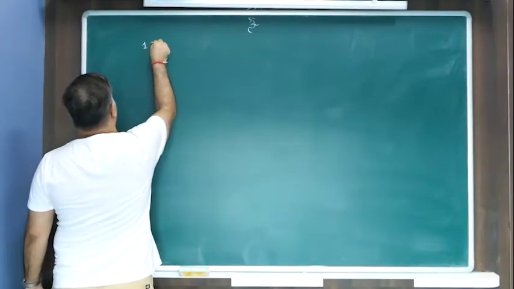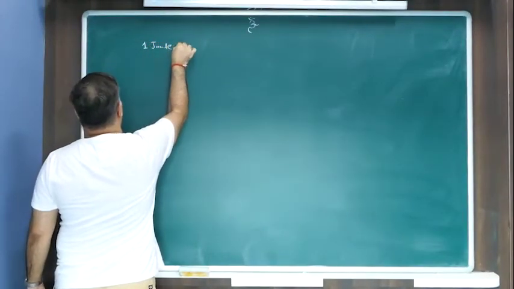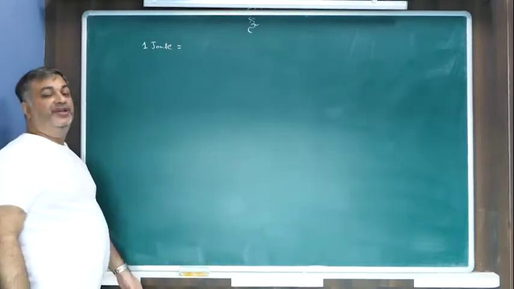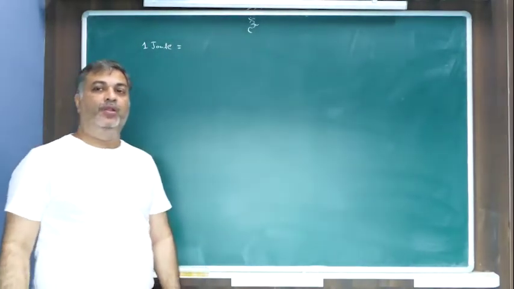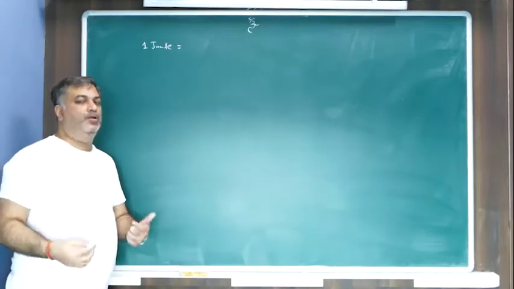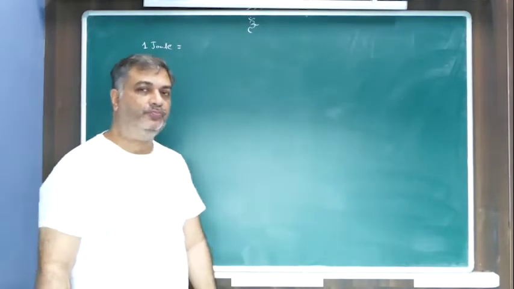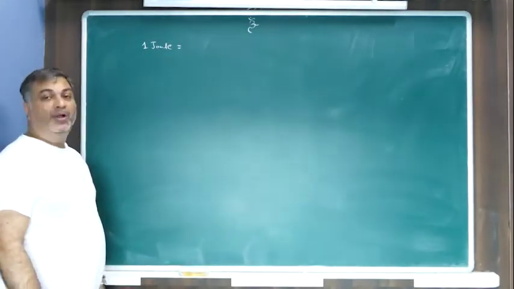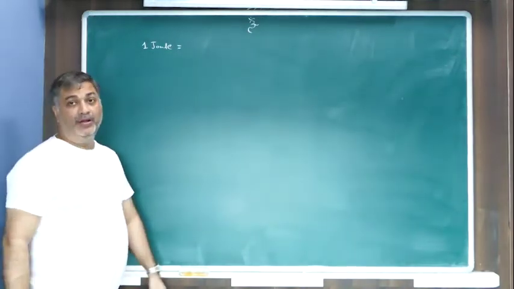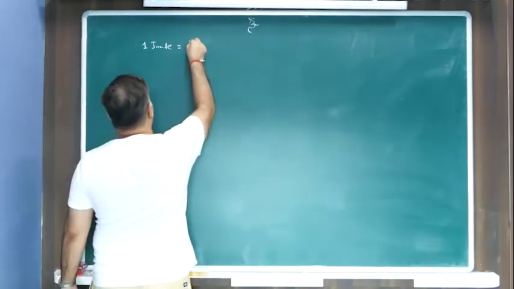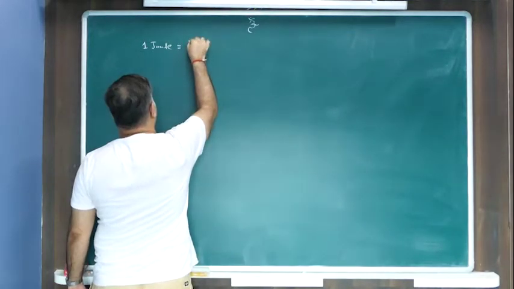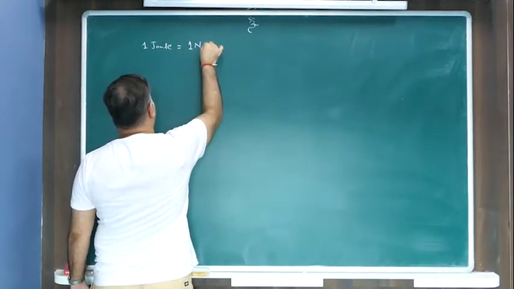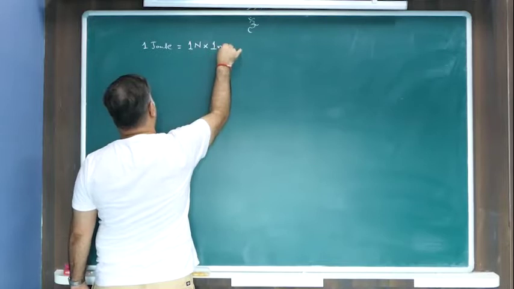So 1 joule of energy is how much? Or 1 joule of work is how much? 1 joule of work is done when a force of 1 Newton displaces a body through 1 meter.